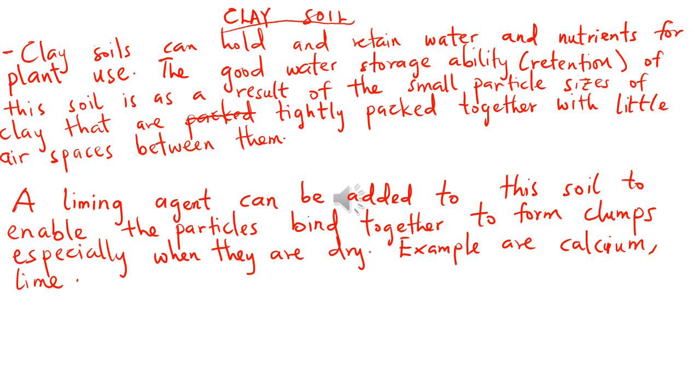Once we are in the dry season, you realize that they are so dry, so hard, as compared to sandy soils. So when clay soils are very dry, you can add what we call a liming agent. An example is calcium or lime, to help the soil particles bind together.